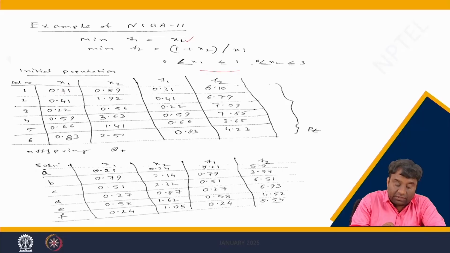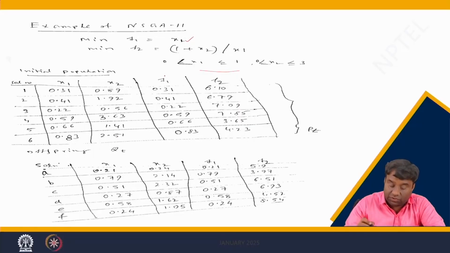Here x1 is 0.31, x2 is 0.89. Here x1 is 0.41, x2 is 1.92. x1 is 0.22, x2 is 0.56. x1 is 0.59, and here the value of x2 is 3.63. At 5, x1 is 0.66, x2 is 1.41, and so on for 6.